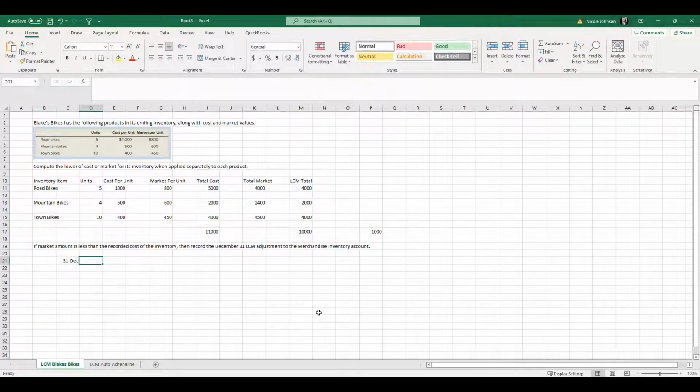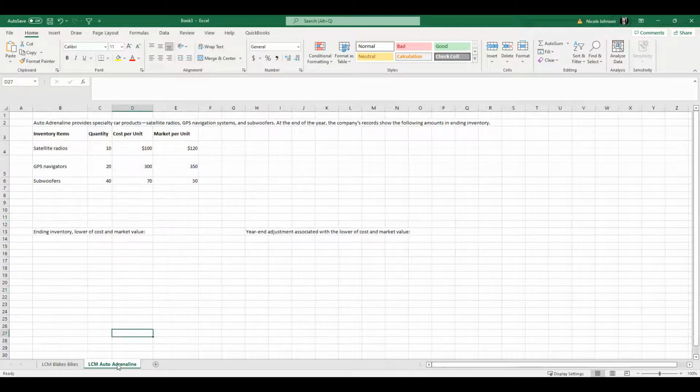We've got December 31st. We're going to debit cost of goods sold for $1,000. And we are going to credit merchandise inventory, $1,000. That's going to be us recording the adjustment for the merchandise inventory account.